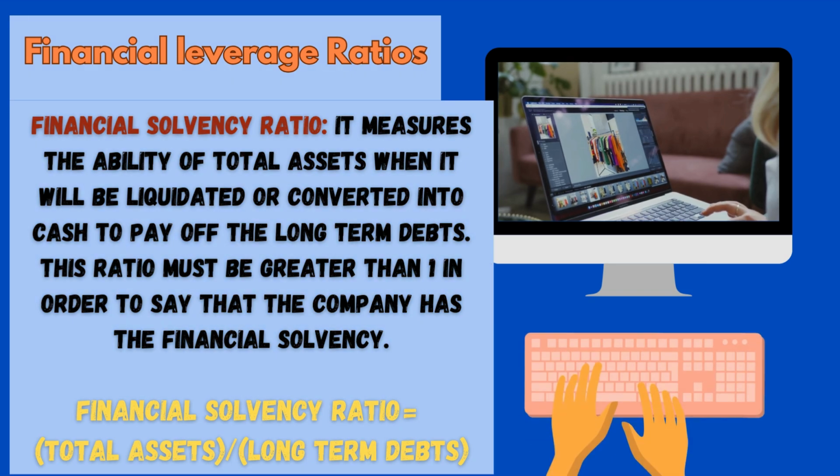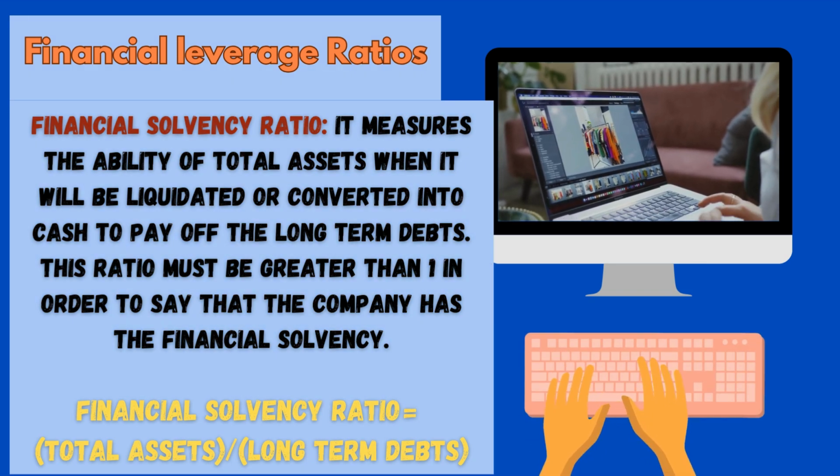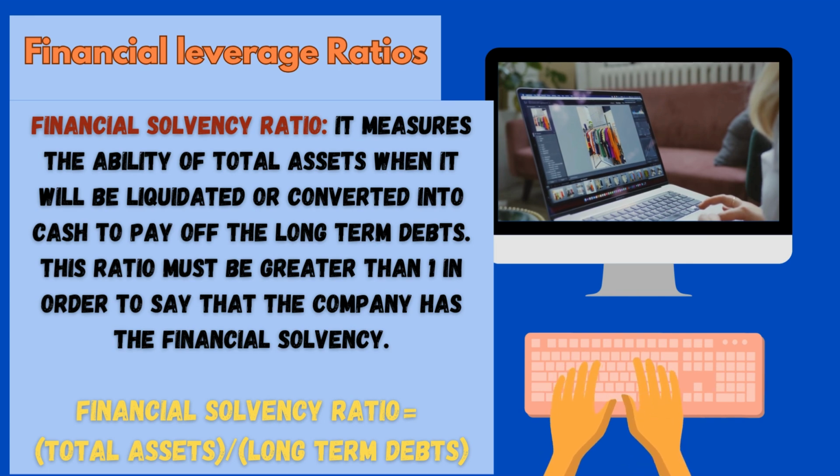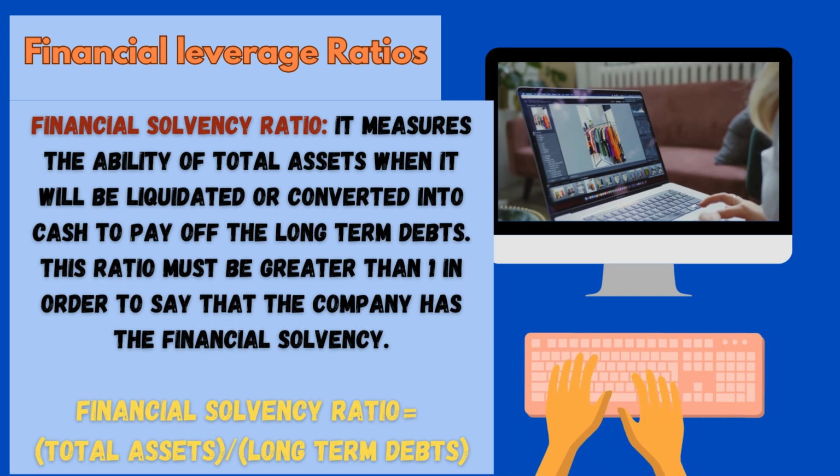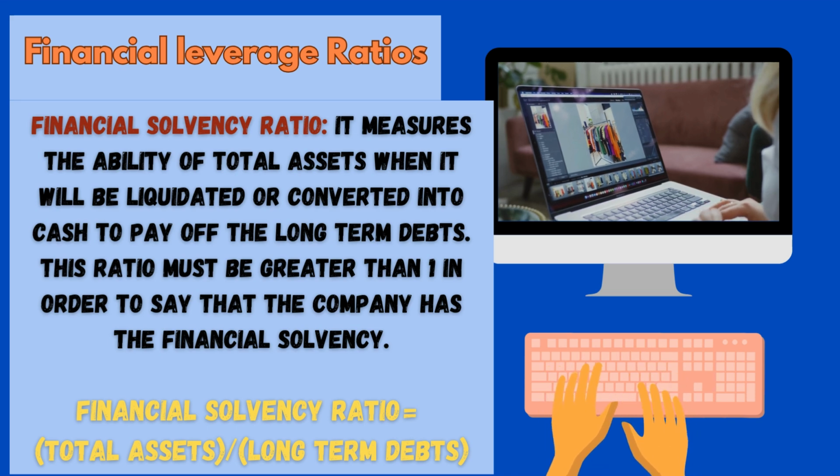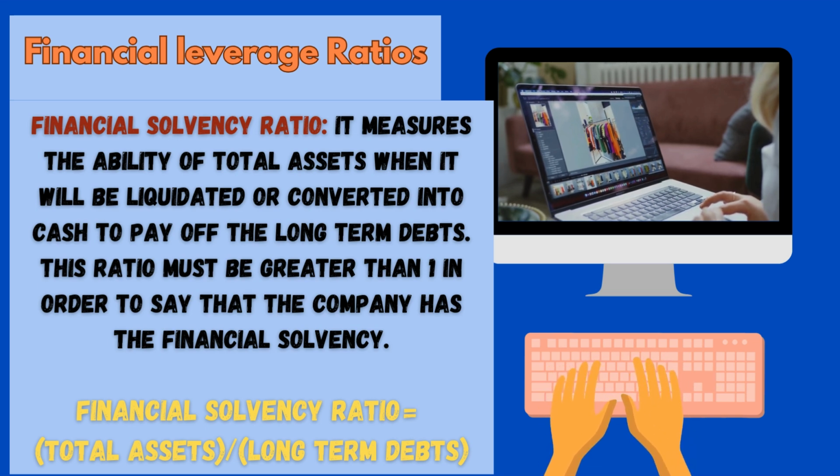We also have another ratio, the financial solvency ratio. Here we talk about solvency, which measures the ability of the total assets, when liquidated or converted into cash, to pay off the long-term debts.